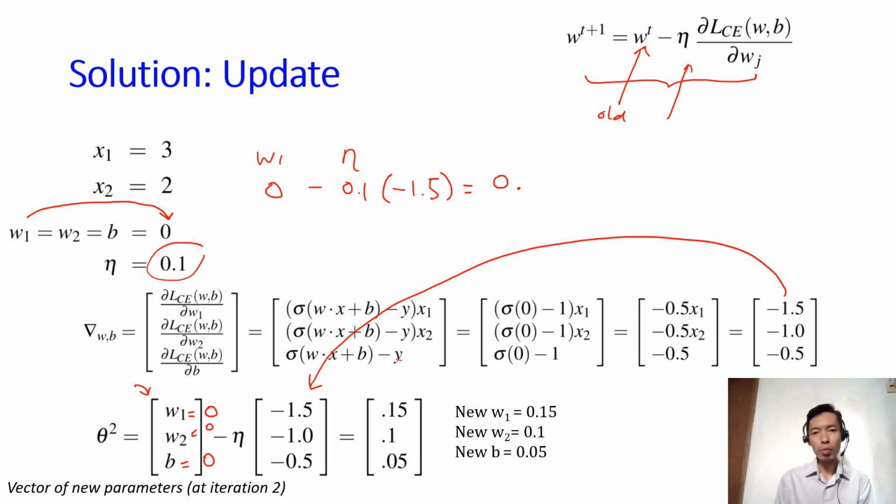So you see the final result is positive 0.15. So these vectors show the new W1 is 0.15, the new W2 is 0.1, and the new B, or the bias term, is 0.05. So that's one iteration of updating the W and the bias term using gradient descent.